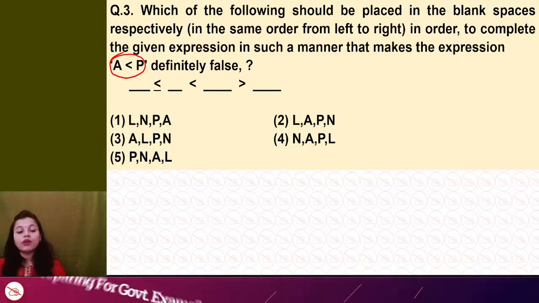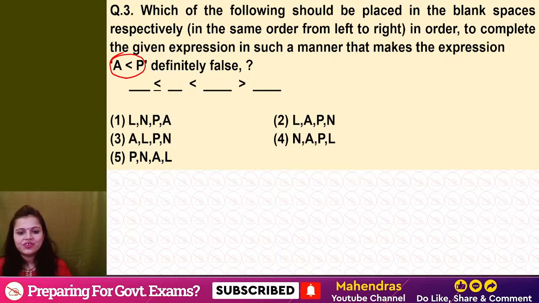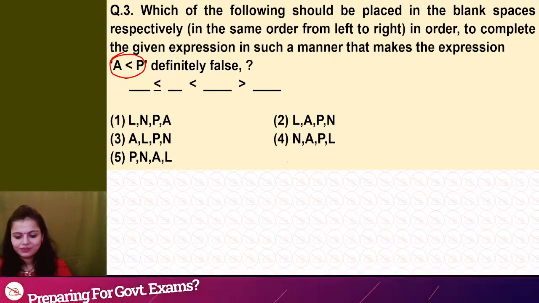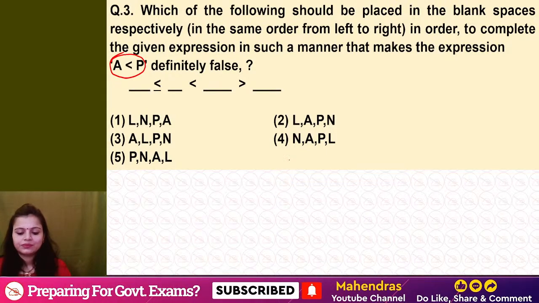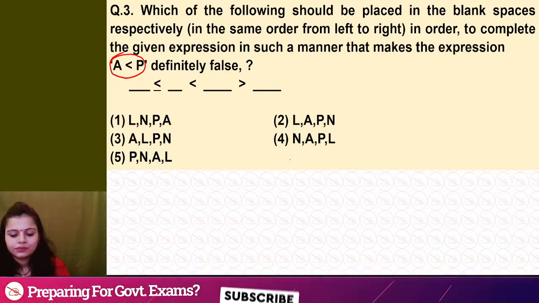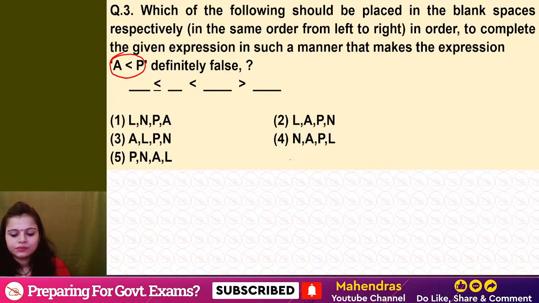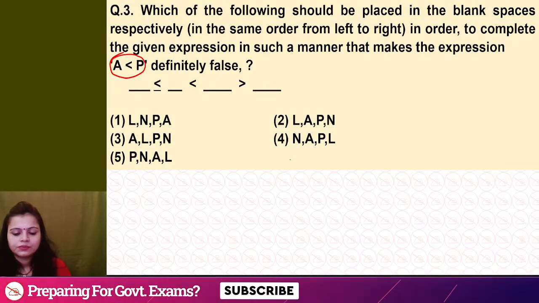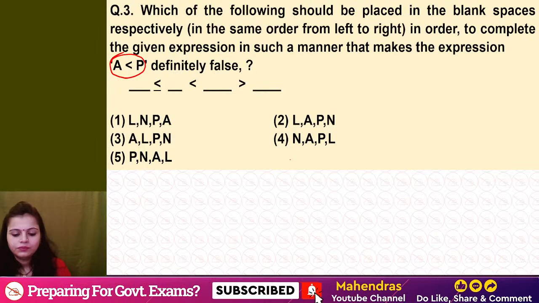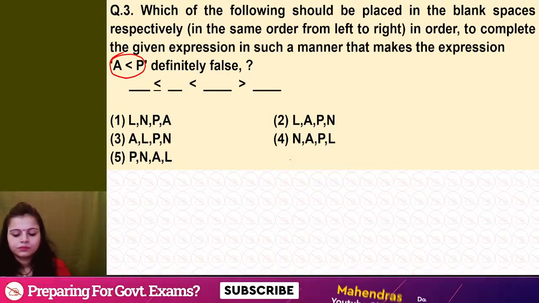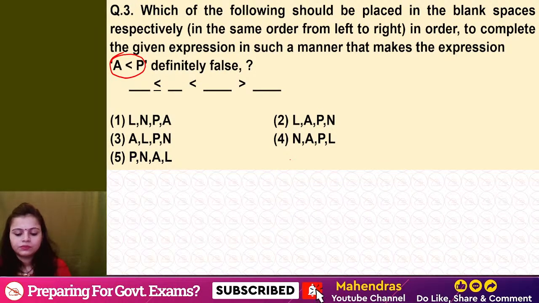So according to the options, which option is right for A and P? 3 is correct. Okay.